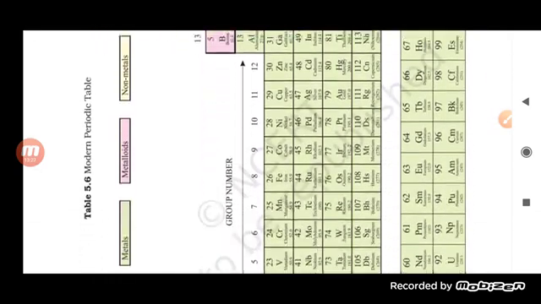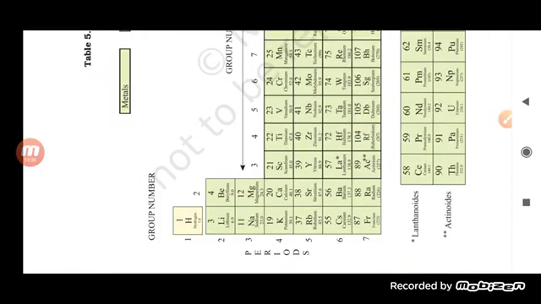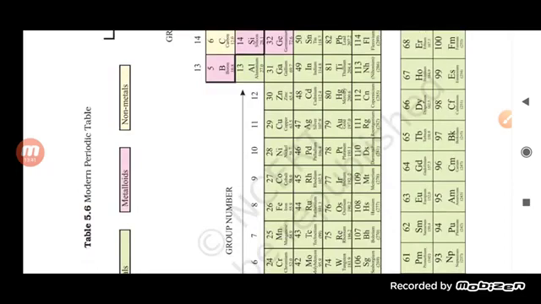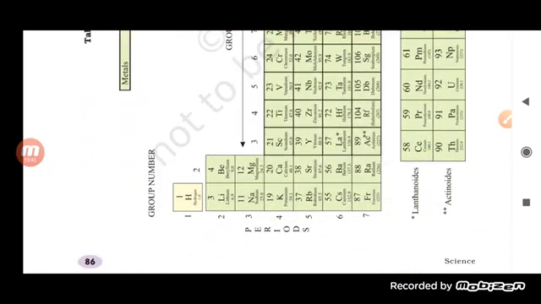Now you can see here, this is the modern periodic table, students, in which, as you can see, group numbers and periods are there. There are 7 periods, and when you look at the groups, there are 18 groups, and in between them the transition metals are there, then lanthanoids and actinoids are there.